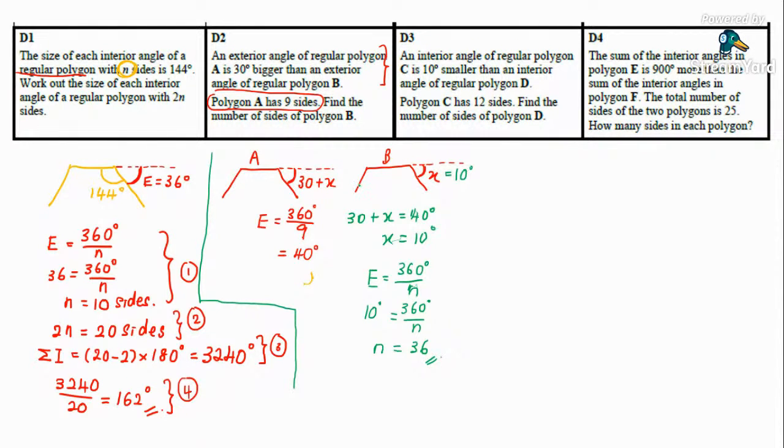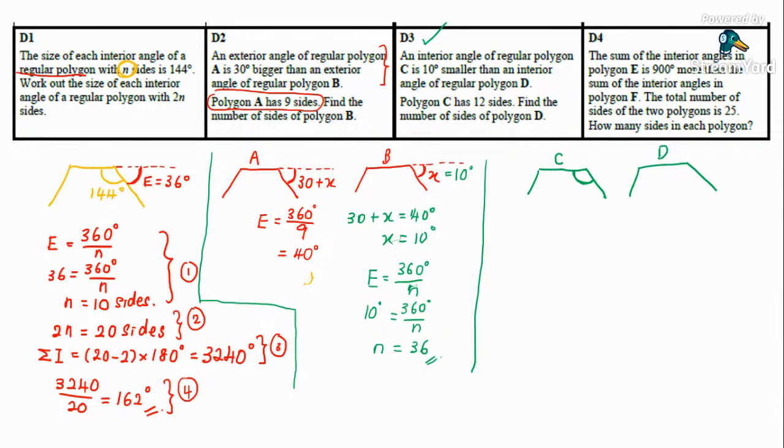For D3, it's almost the same as D2, because it says an interior angle of a regular polygon C. So for polygon C, I will draw this is C, and the interior angle is 10 degrees smaller than D.